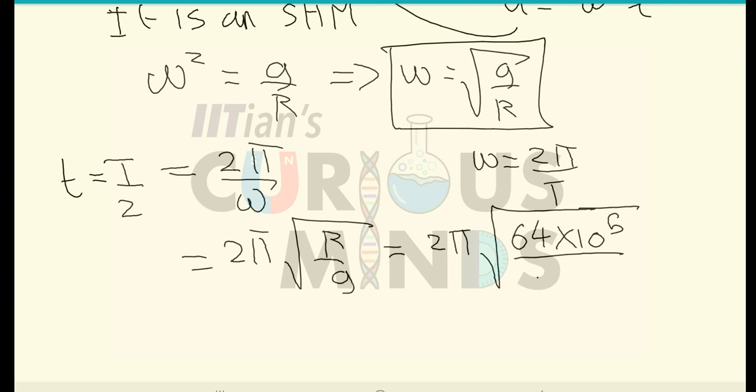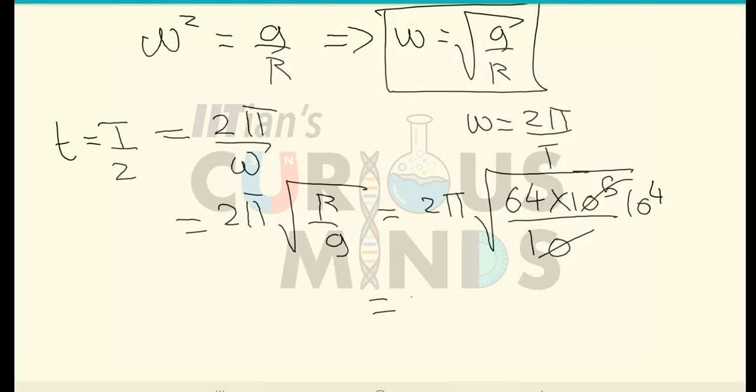And the acceleration due to gravity for the time being, I will take as 10, so this will be equal to 10 to 4. When I take the root, it will be equal to 2 pi into 8 into 10 to 2, so it is equal to 1600 pi.